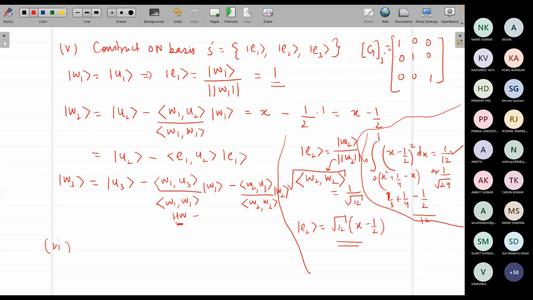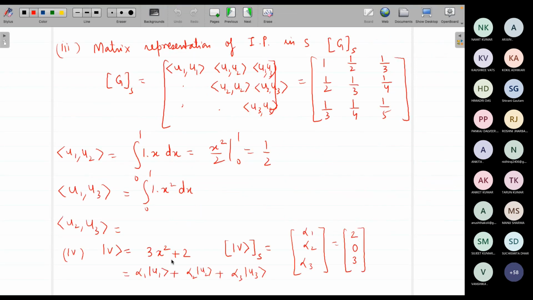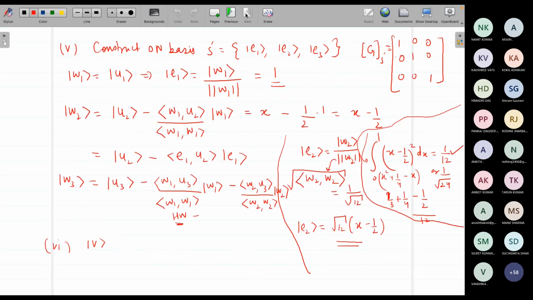and not only that, do question number 6 also, which is to expand that same vector. Remember the vector which I gave you on the previous page, which was 3x square plus 2. So let's say there exists a vector 3x square plus 2. I want to have the same vector now written in terms of this orthonormal basis S prime, which is what you are constructing. E1 is 1, E2 is this root 12 x minus 1 half, and W3 we haven't yet found out, and you are going to find it out in your homework.